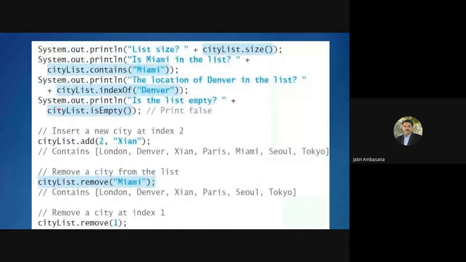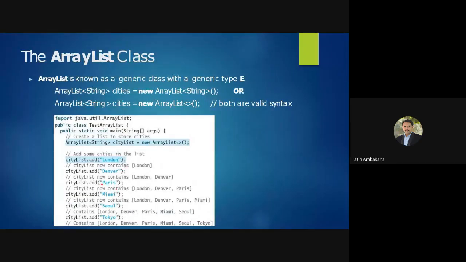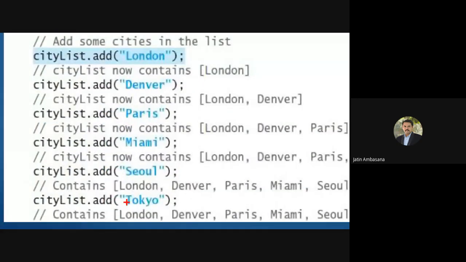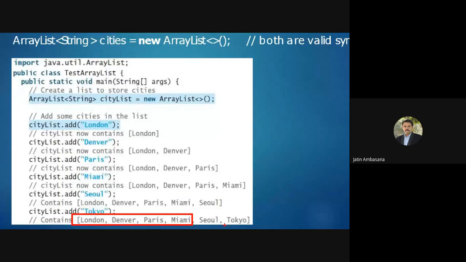Okay. Then if you want to add a new location, see what happens. If you see the previous list, it is like this: London, Denver, Paris, Miami, and Seoul and Tokyo.